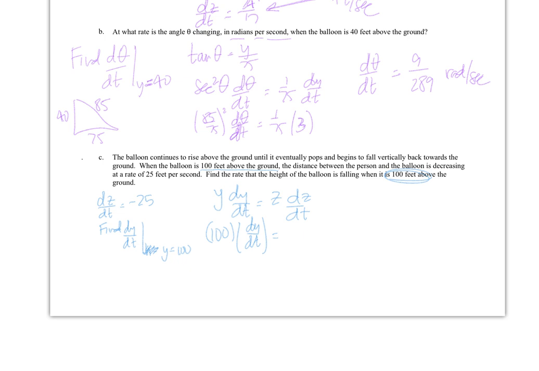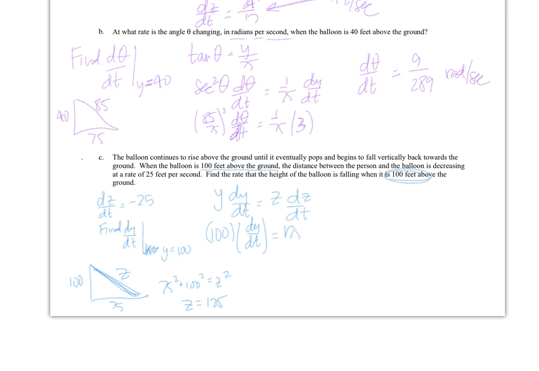The z that we have, oh, this is a different z. So the height is 100. The person is still 75 away, but our z right here is different. And if you solve the Pythagorean theorem, 75 squared plus 100 squared equals z squared, you'll get that z is 125.